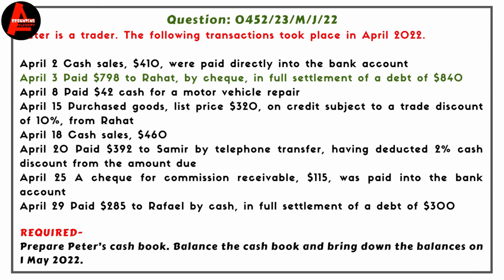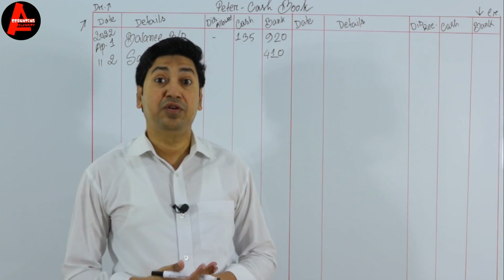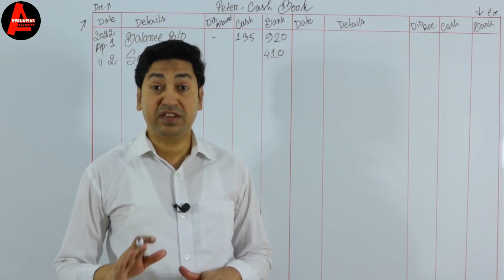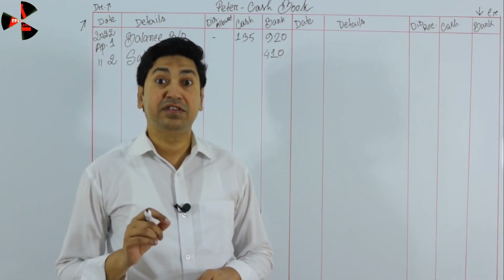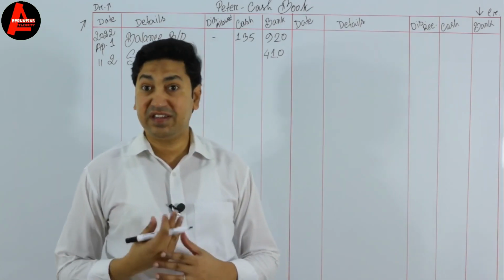So here April 3, paid $798 to Rahat by check in full settlement of a debt of $840. Okay, so $840 was the debt, but for full settlement of this amount, $798 is paid.